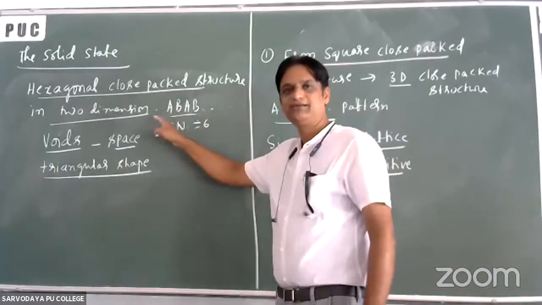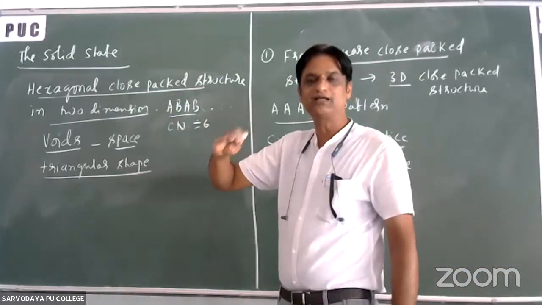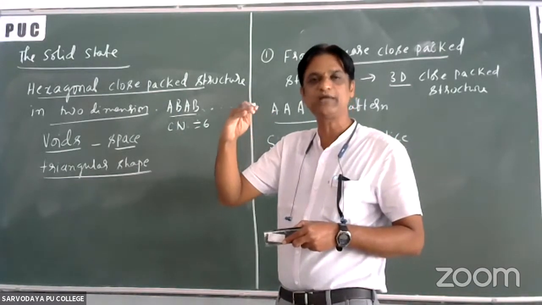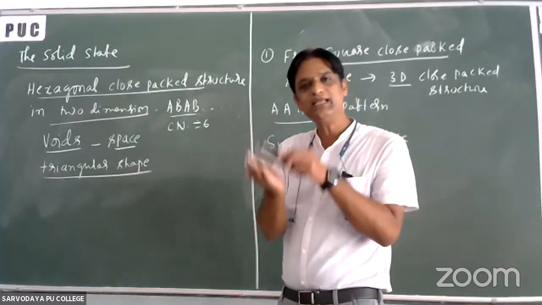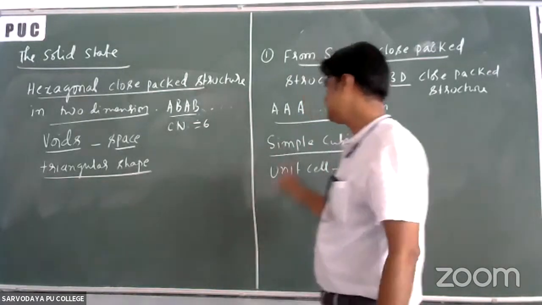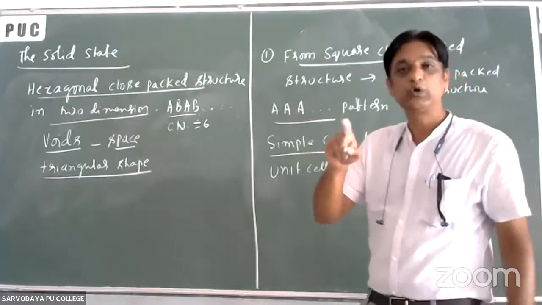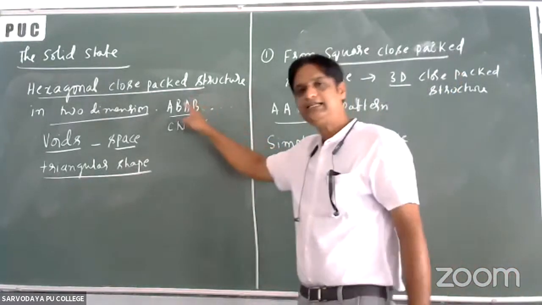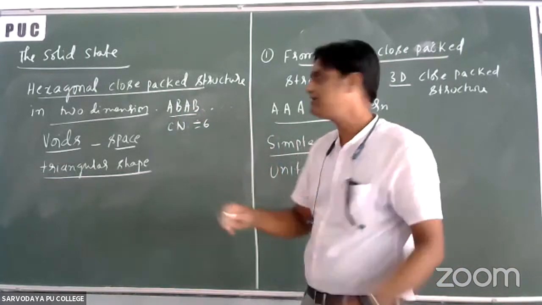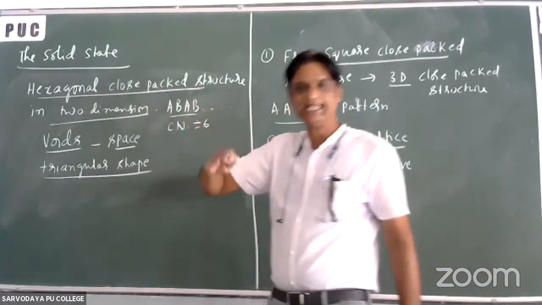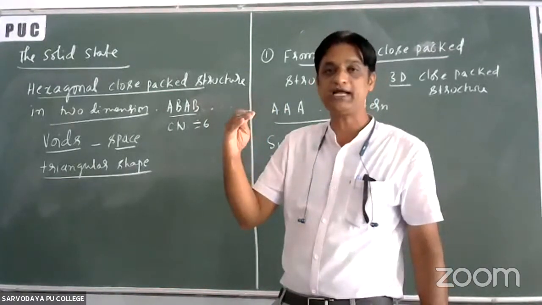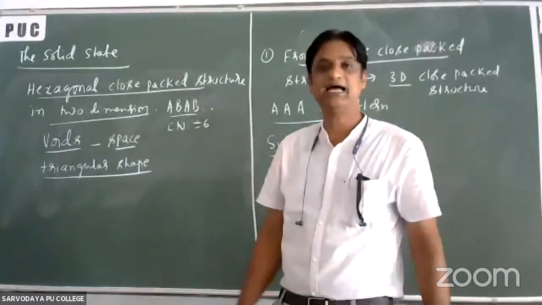In the same way, when layers of hexagonal close packed structure in two dimension are arranged one above the other, we can get a three-dimensional close packed structure. So let us see what types of three-dimensional close packed structure we can get by arranging the layers of hexagonal close packed structure one above the other.